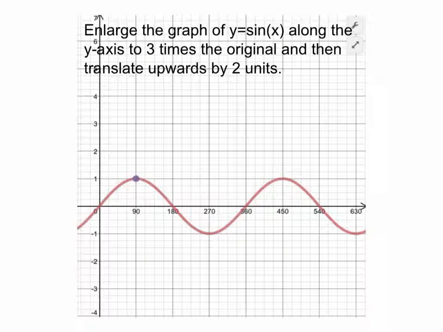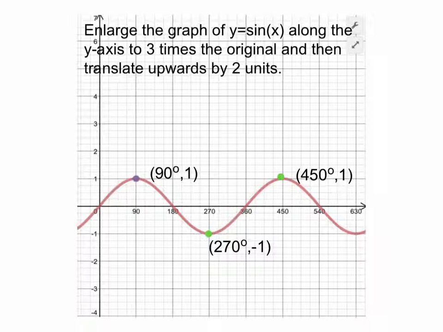Example 4. Enlarge the graph of y equals sine x along the y-axis to 3 times the original, and then translate upward by 2 units. Let's consider the maximum and minimum points of the graph of y equals sine x first. They are (90°, 1), (270°, -1), (450°, 1).